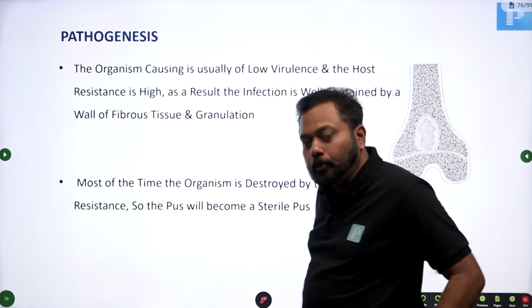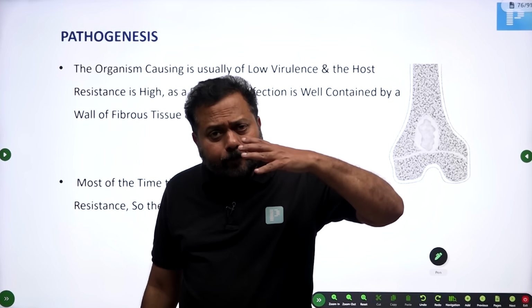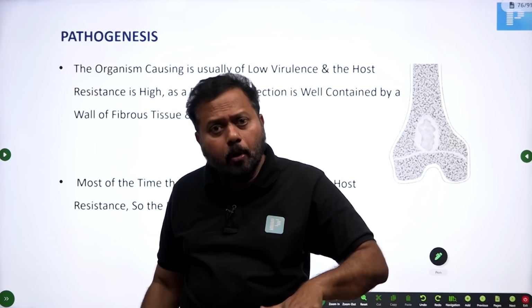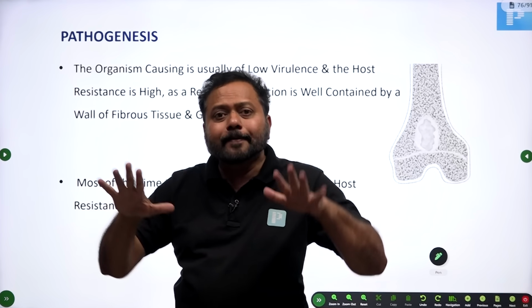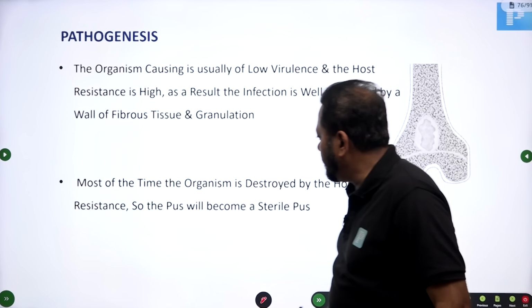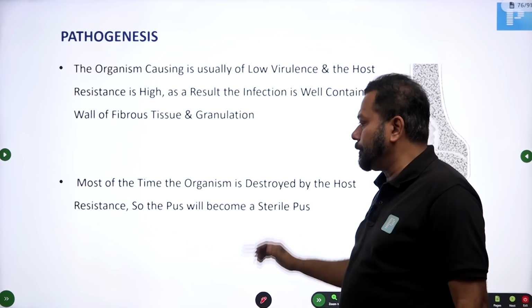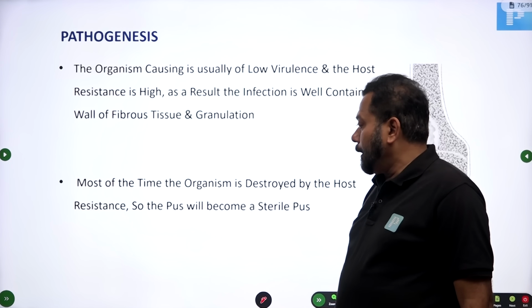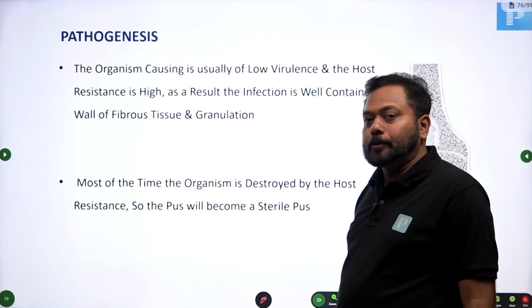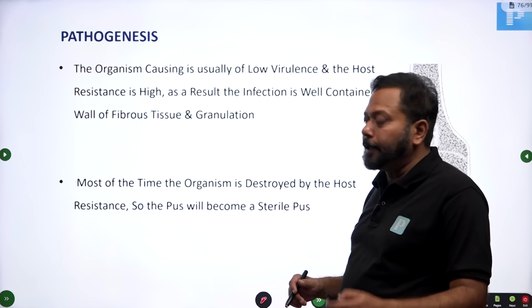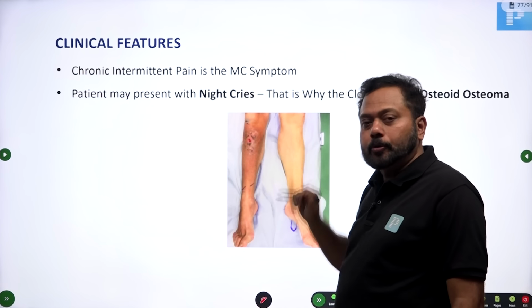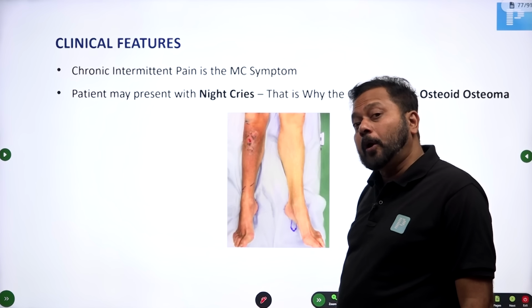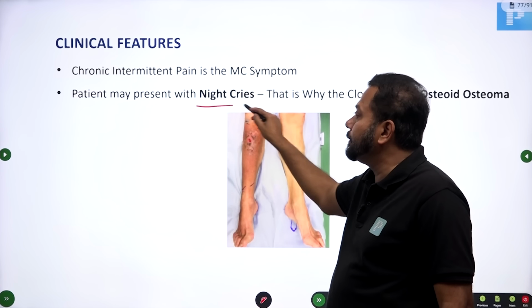So when a subacute osteomyelitis is developing, if the organism virulence is low or the host resistance is high, it will become a subacute osteomyelitis. Most of the time, the organism is destroyed by the host resistance, so pus will become sterile pus. Most of the time, when you aspirate, it won't show any organism. Clinically, chronic intermittent pain is the most common symptom. This can also present with night cries.